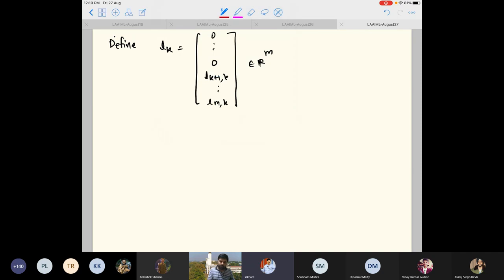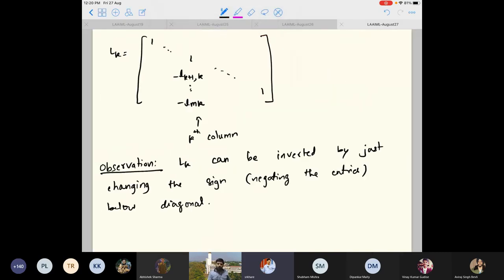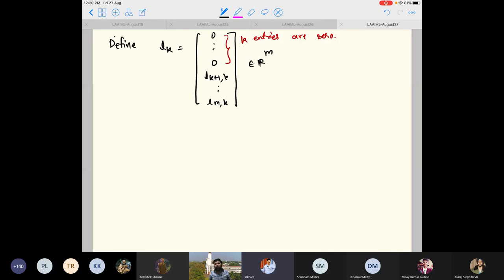The property is that the first k entries of this lk are 0, and the last m minus k entries in this vector are basically the multipliers that you would find in this Gaussian elimination. So whatever multipliers you have, you just take the negative of those entries. This is how I define lk. Then you can check this.